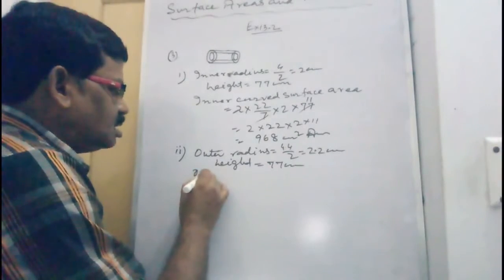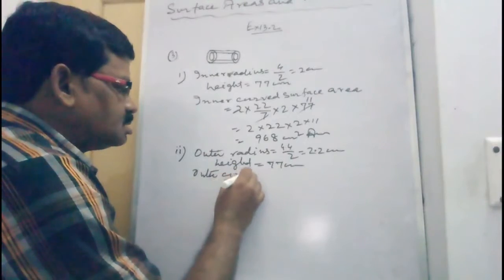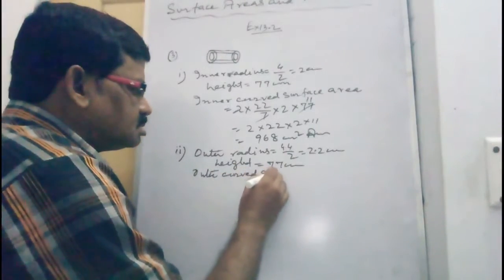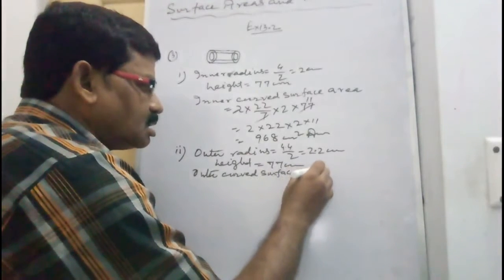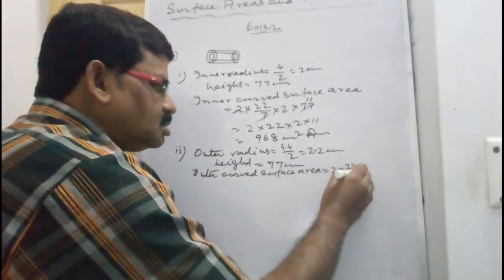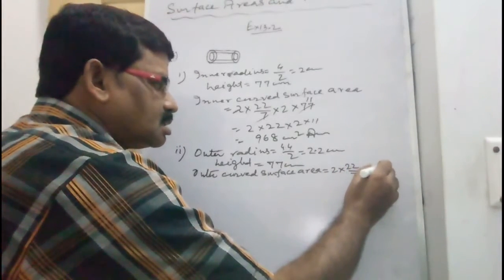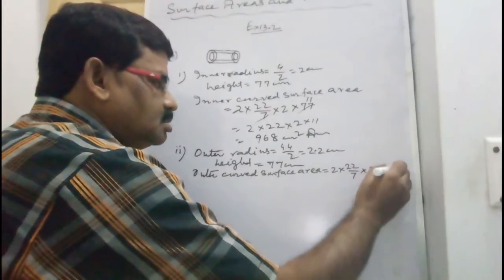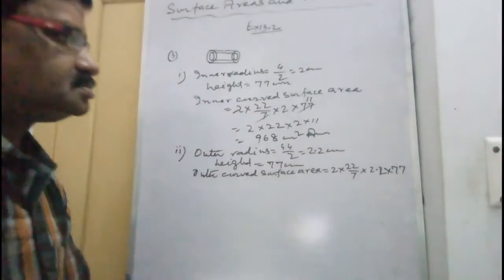So outer curved surface area is 2 into 22 by 7 into R into H, that is 77.